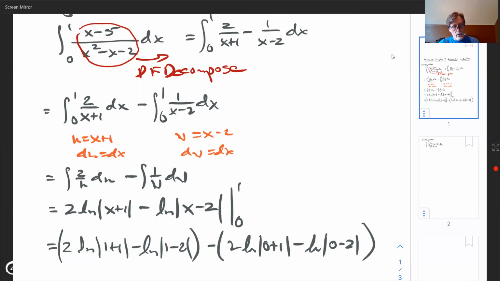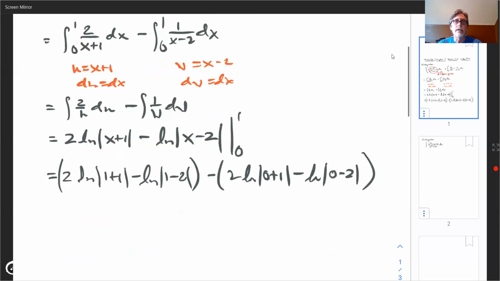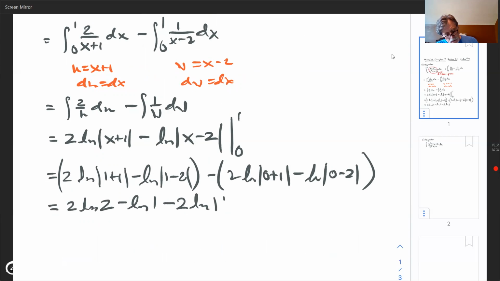Now, if you don't put those absolute values on, then it gets messed up. It's not defined. Those absolute values have to be there. This is why. Happens in differential equations too. So we're looking at 2 natural log of 2 minus natural log of 1 minus 2 is -1. Absolute value is 1. Got it. And then you go minus 2 natural log of 1, and minus a minus is plus, and we're looking at the natural log of minus 2 absolute valued, which is 2.